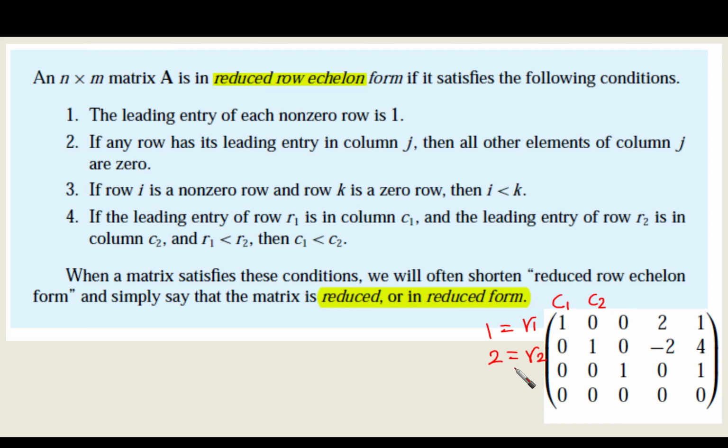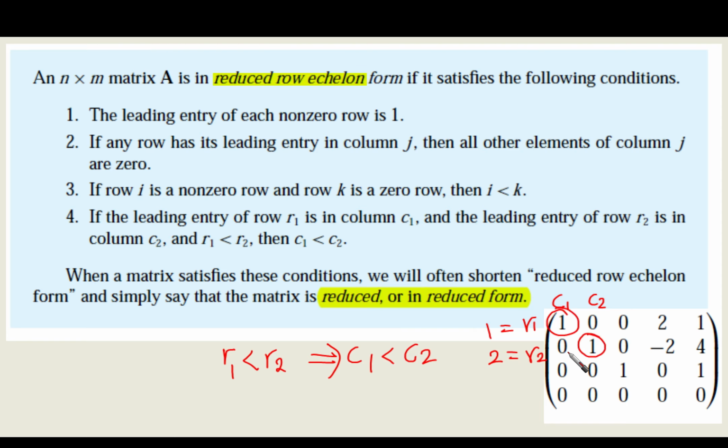So as long as the leading entry of row 1, which is 1, and R1 is less than R2, then it must be that C1 is less than C2. This means that we need our leading entries always to be shifted to the right like this.